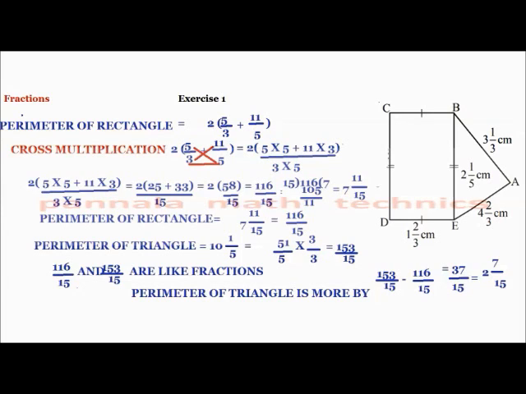Both are like fractions now, and by observing, 153 by 15 is more than 116 by 15. So subtract 116 by 15 from 153 by 15, that is equal to 37 by 15. After converting it, it will become 2 7 by 15. So the perimeter of the triangle is more by 2 7 by 15 centimeters.